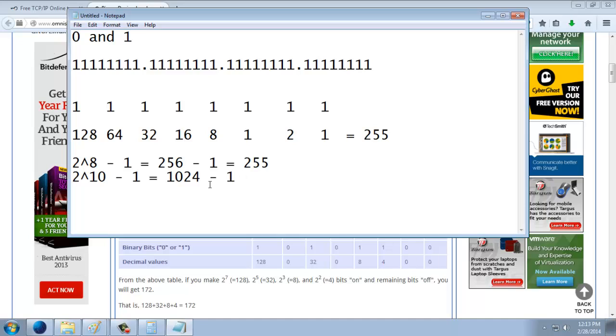Minus 1, that is 1023. How will you find it out?